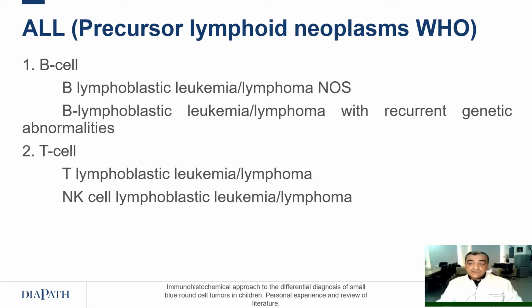The current WHO classification of acute lymphoblastic lymphoma leukemia recognizes 2 main groups of diseases, namely B cell and T cell. B cell derives from the B lymphocyte lineage and T cell from the T lineage.